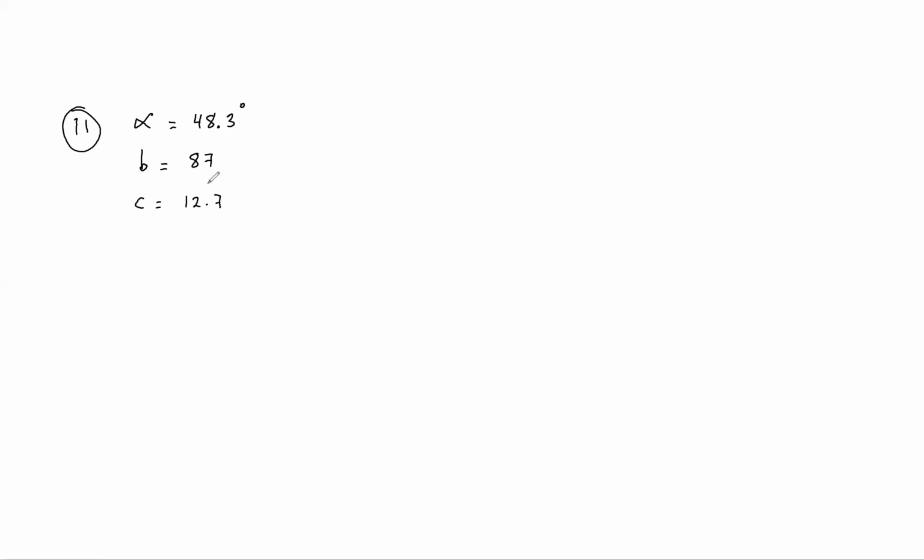It's the only information that we have, and they're asking, find the area for this triangle. If you got a right triangle, you say the area is equal to 1/2 base times altitude, because it is a right triangle.